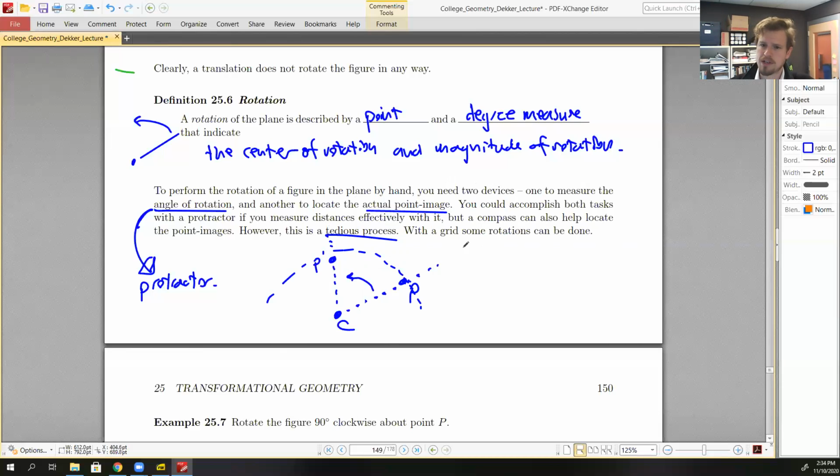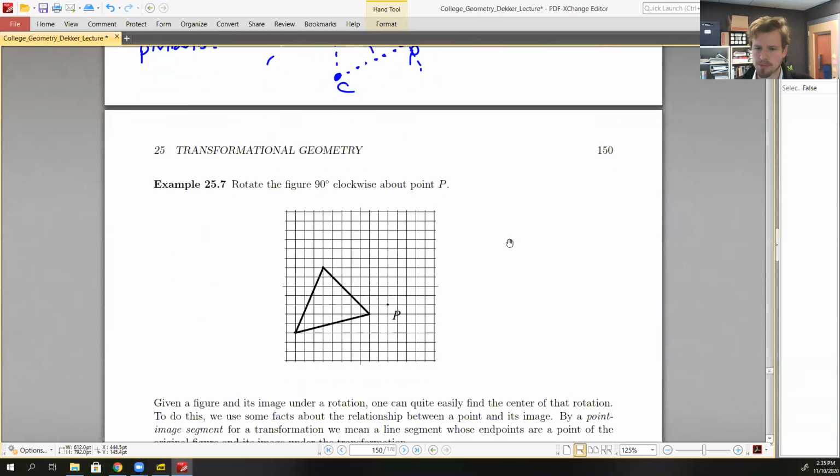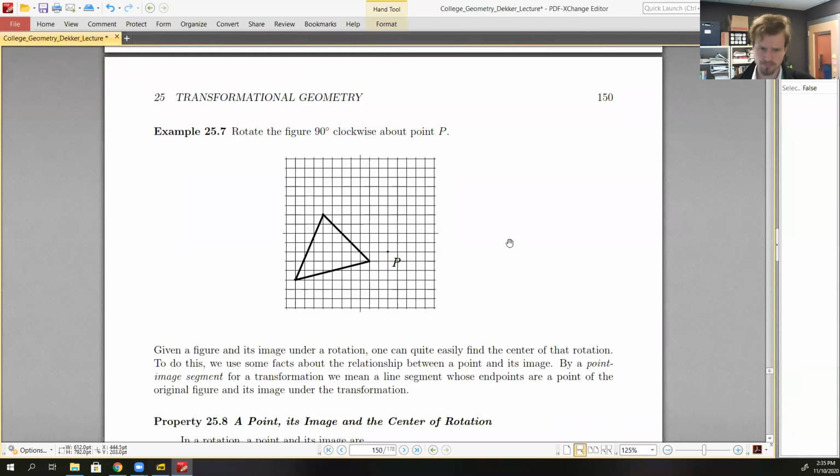There is a convenient situation. If we have a grid, it does become relatively easy. So if we consider this example, I can rotate the triangle, right, or I can rotate the entire plane 90 degrees clockwise. So what I'm going to do is I'm going to consider this line, and then I'm going to rotate it by 90 degrees.